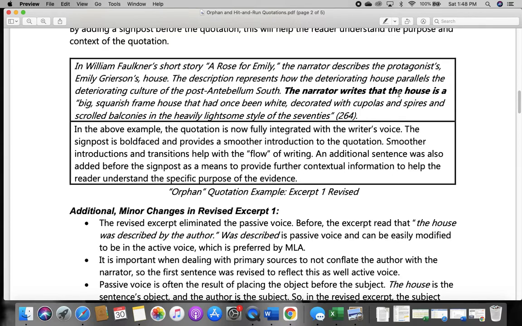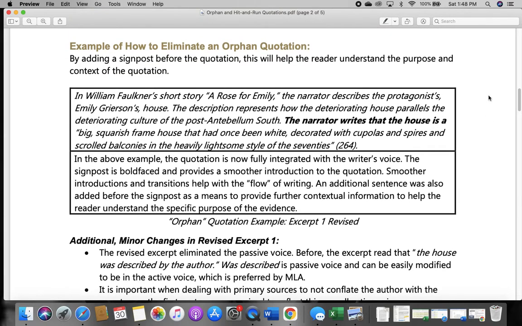The narrator writes, and then I'm bolding the signpost in this case. The narrator, I actually should probably bold all of this, because all of this is really lead-in to the quotation. If you think about music and progression and build up, it's the same thing we do in writing.